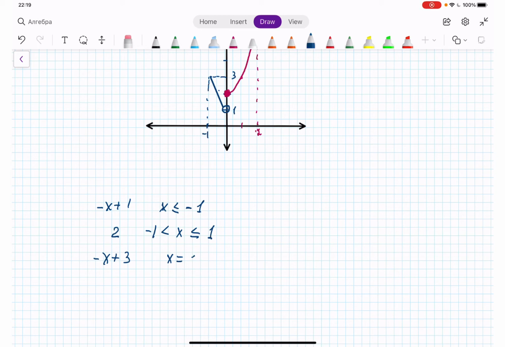No, x greater than 1. Although there can also be a function that has an equal sign. We take greater than 1. We don't want to get into advanced cases right now. Okay. This is another function.